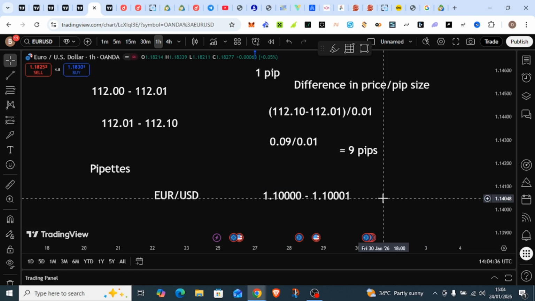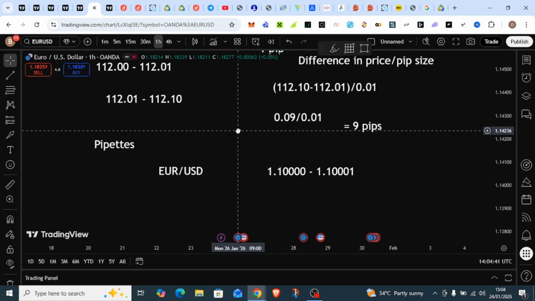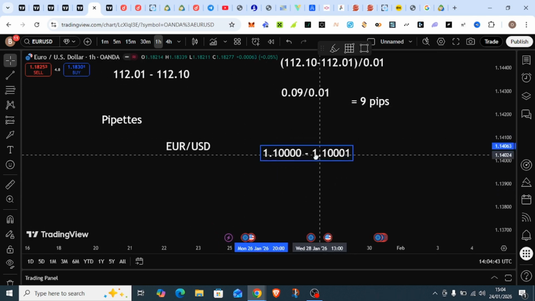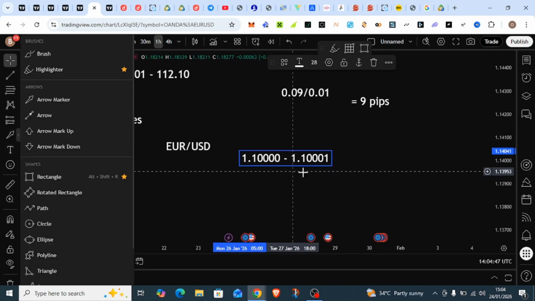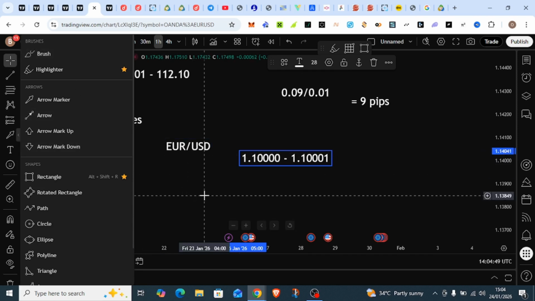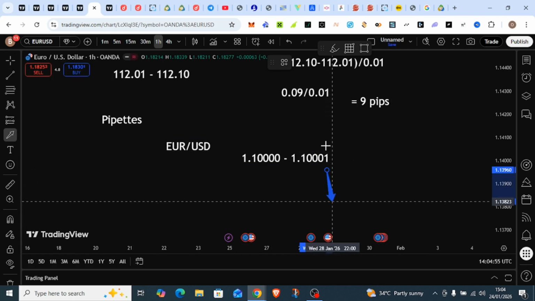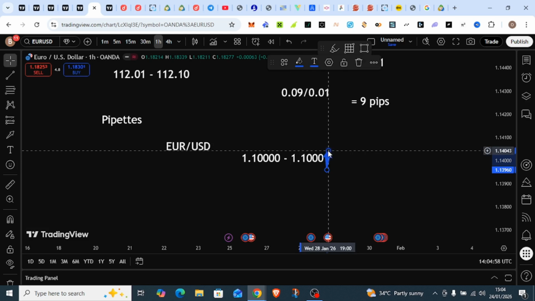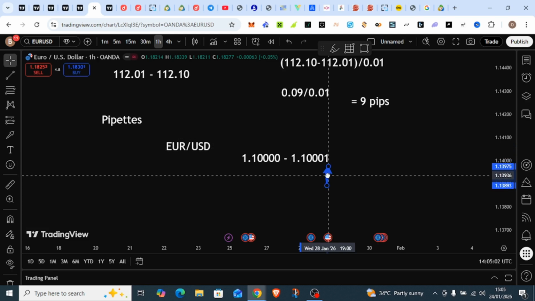The pipettes for this Euro USD pair will be 1. So let's label it. Pipettes here is going to be 1, which is the 5th decimal.